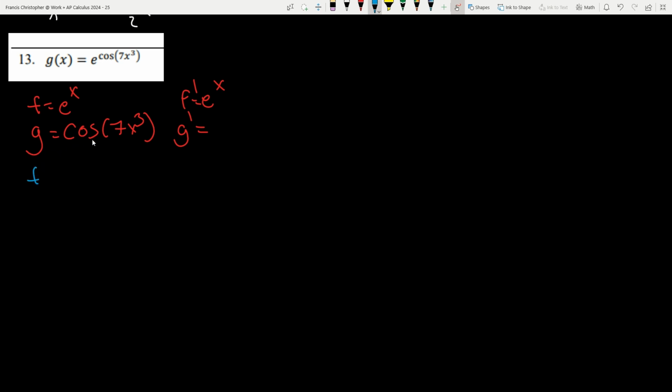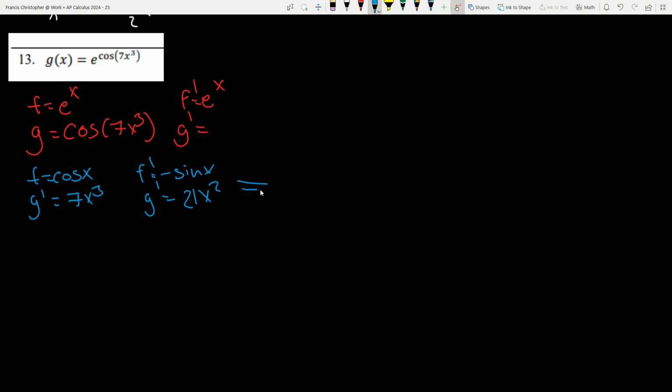The f and g table for this one using chain rule is outer function is cosine x, inner function is 7x cubed, f prime is negative sine of x, g prime is going to be, oh, I keep forgetting the equal sign, 21x squared.